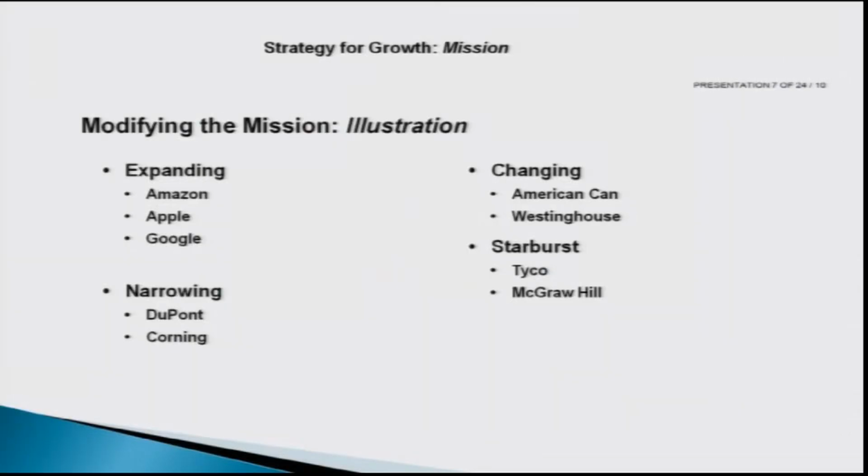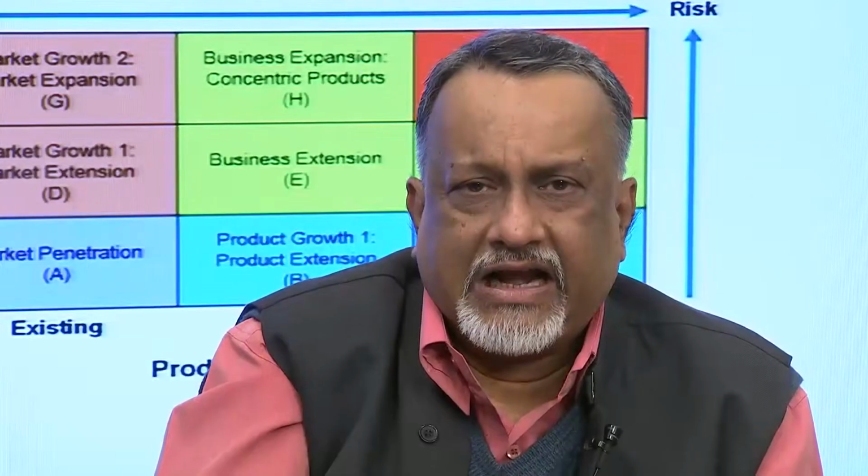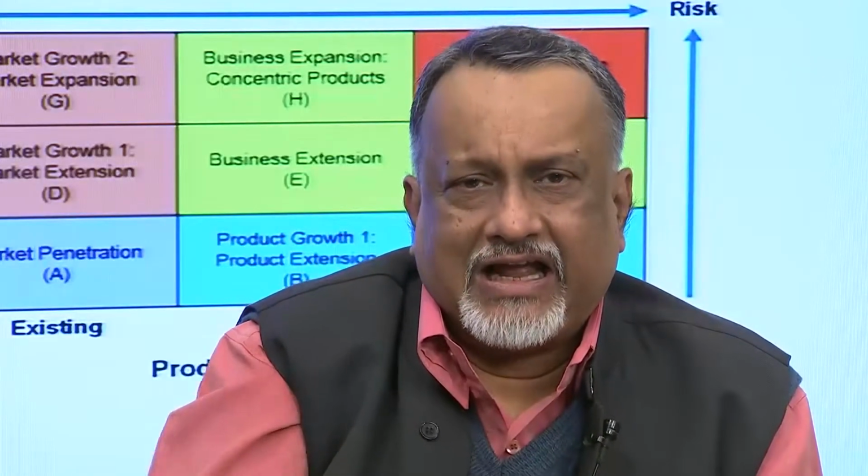Based on that, we have different characteristics, for example, companies like Amazon, Apple, Google are expanding, while companies like DuPont or Corning are narrowing and so on.